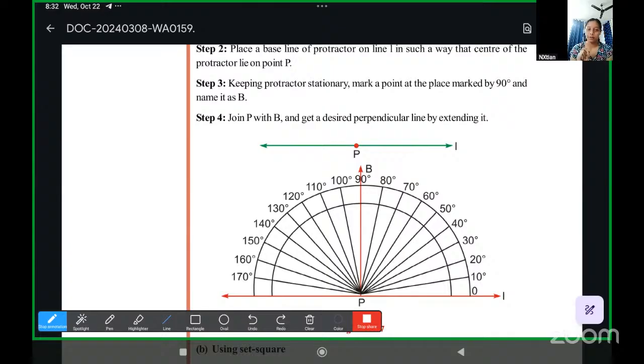Done? Now, on top of that center, 90 is written. You put a point there. Suppose this is your protractor, look on the screen. You make a point here, right where it's showing 90 on your page.